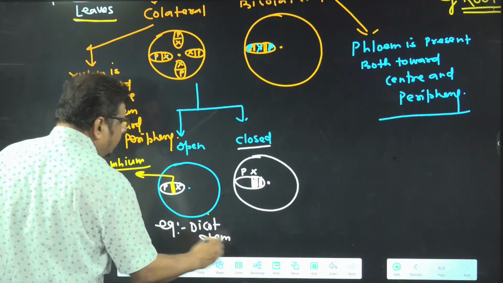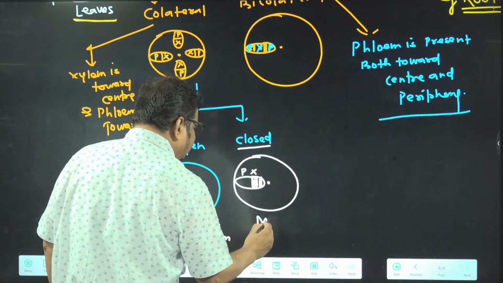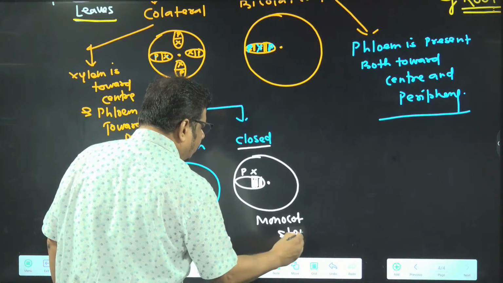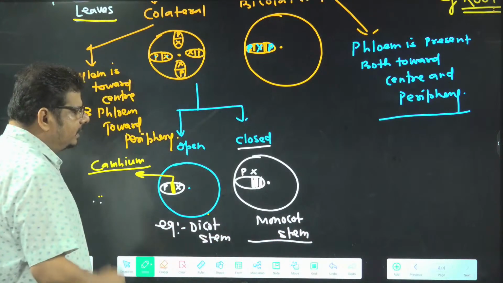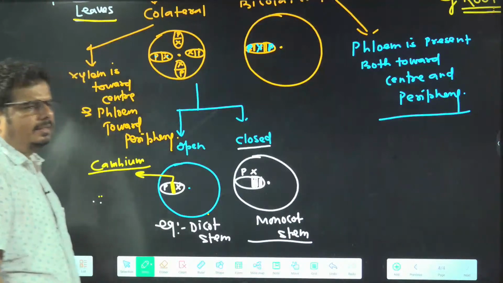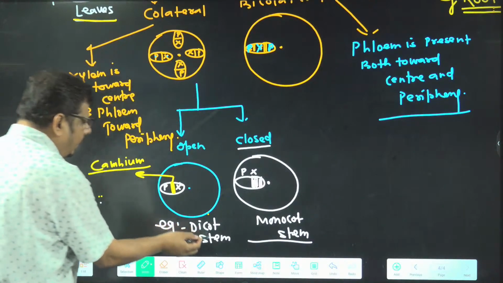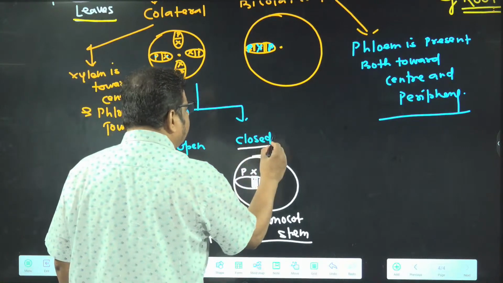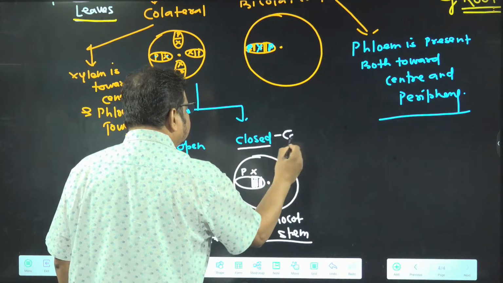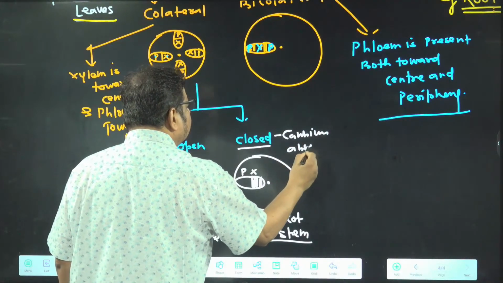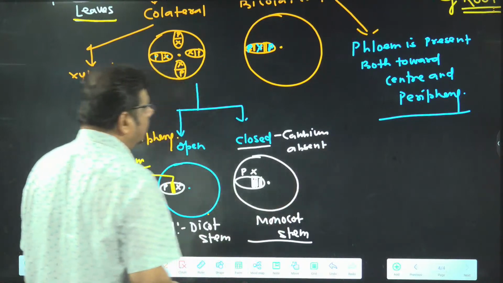And closed is present in which one? Monocot stem. Is it clear in the mind? It is all right. In closed, who is absent? Cambium is absent in the case of closed kind of vascular bundle.